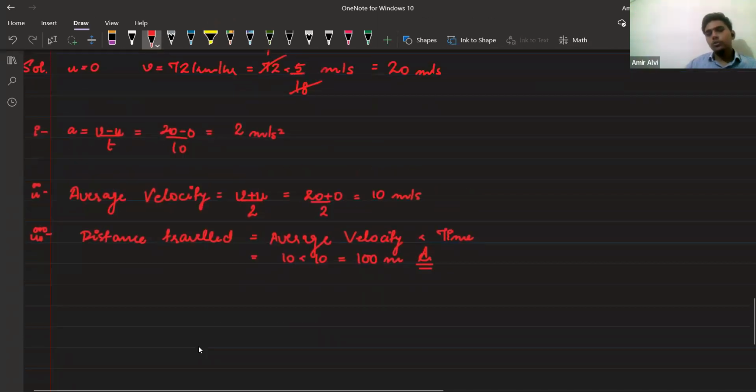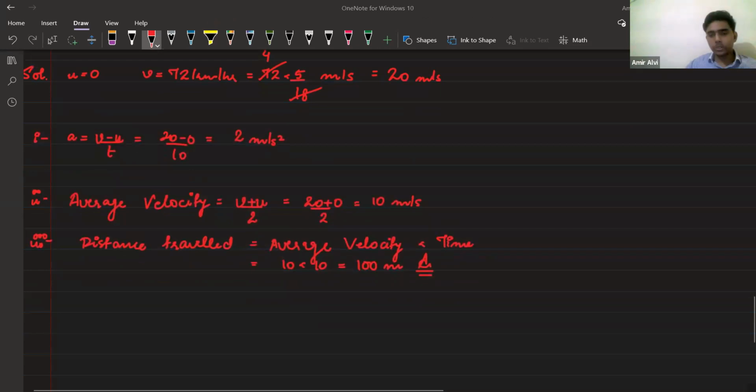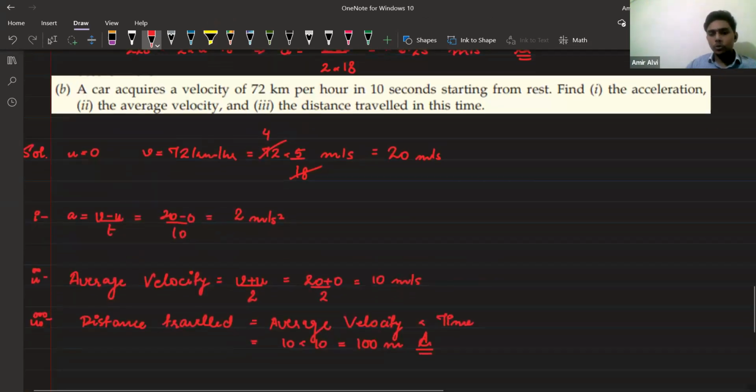Okay, sure. So these are the questions based on the equations of motion. Just a moment, let me check. Is there any question based on this, or do we have to move to the next topic? As a last question, please do this, and then we will start the graph topic.